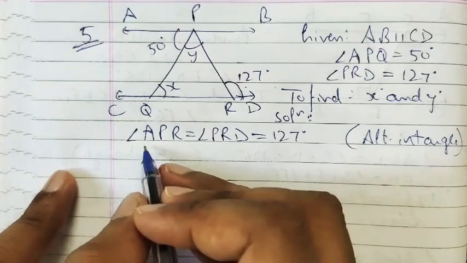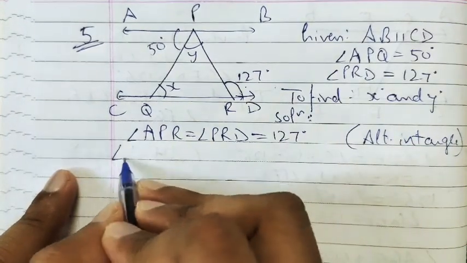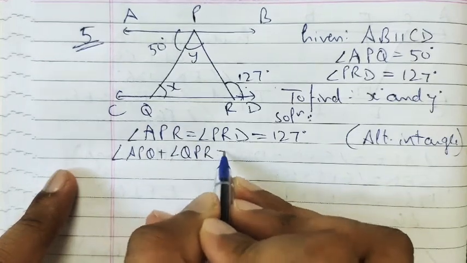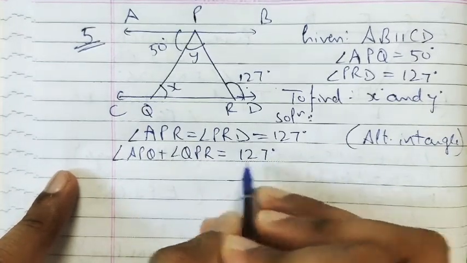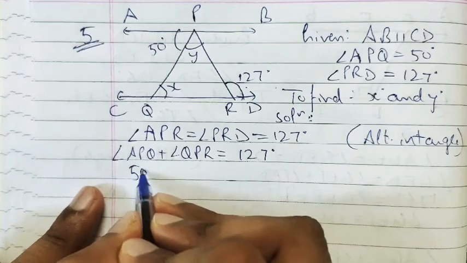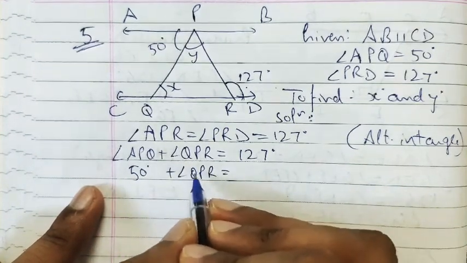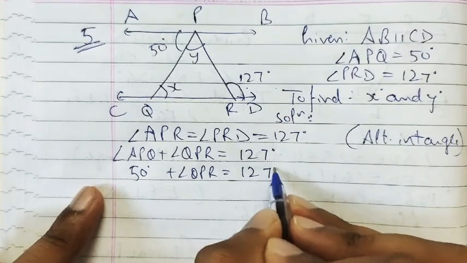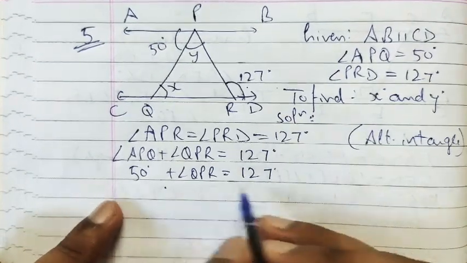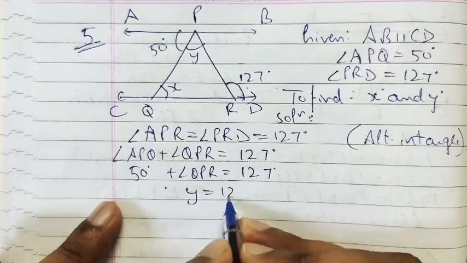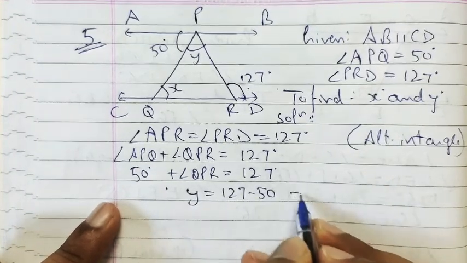So APR can be written as angle APQ plus angle QPR, which is equal to 127 degrees. So APQ is 50 degrees plus angle QPR. We can say QPR is Y. So taking 50 degrees across, QPR, which is Y, is equal to 127 minus 50.